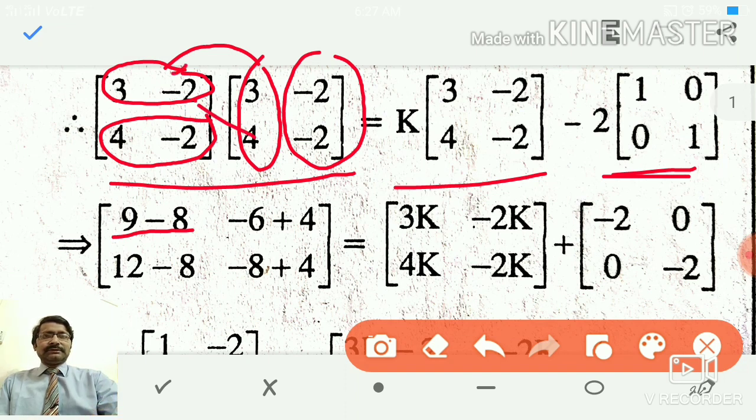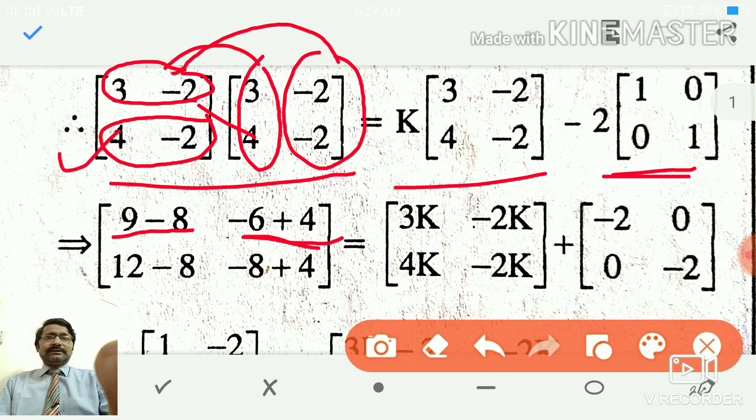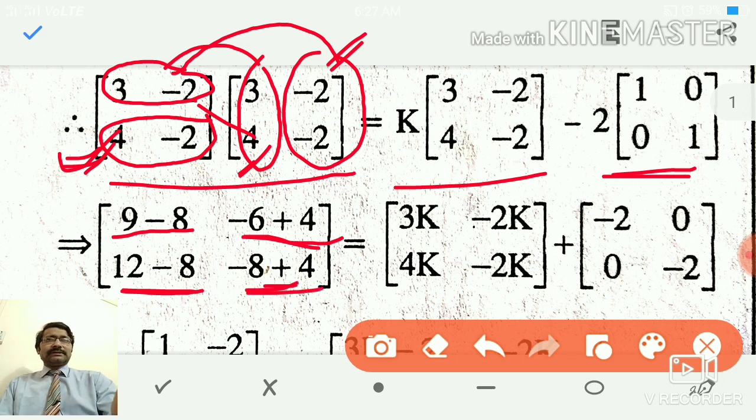Similarly, first row and second column multiplied gives the first row second column element: minus 6 plus 4. Next we take the second row and first column to get the second row first column element, and the second row and second column to get the second row second column element.